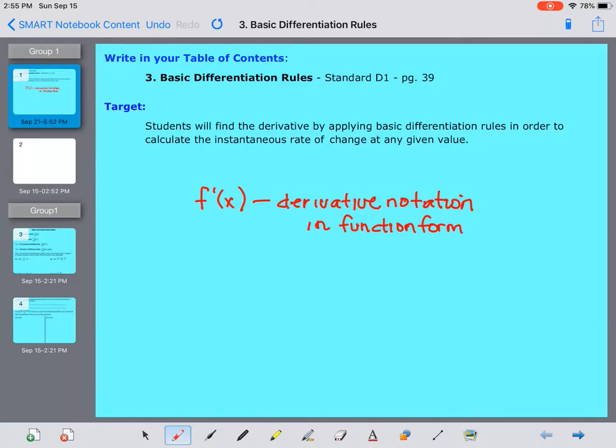What it means is we're taking the derivative of f with respect to x, x being our independent variable. So this notation shows us our independent variable here, which we're used to seeing. This is common function notation.